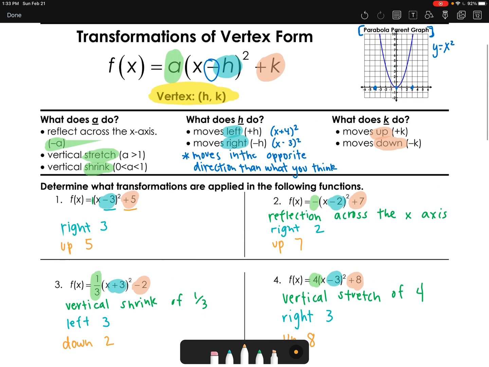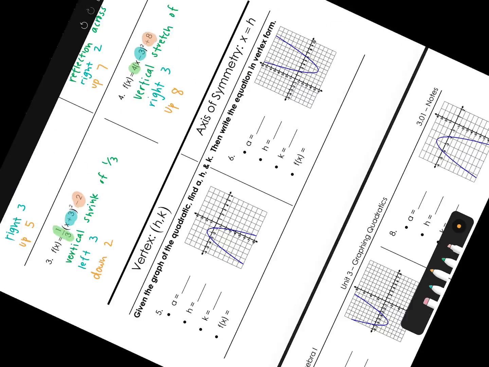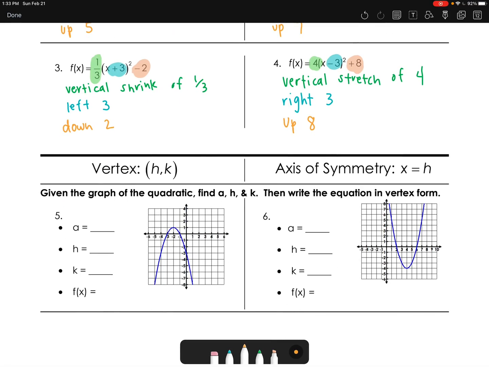So now we're going to take this general form of vertex form, a times x minus h squared plus k, and we are going to identify those looking at a graph and then writing the equation here, okay? I mentioned earlier that we have a vertex at h comma k, and that's going to be really helpful when looking at a graph.